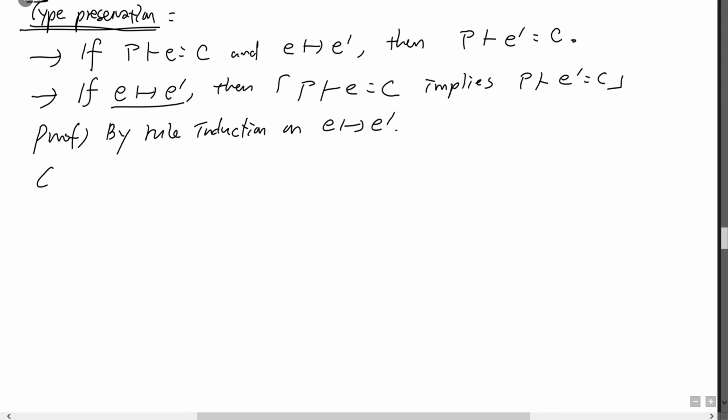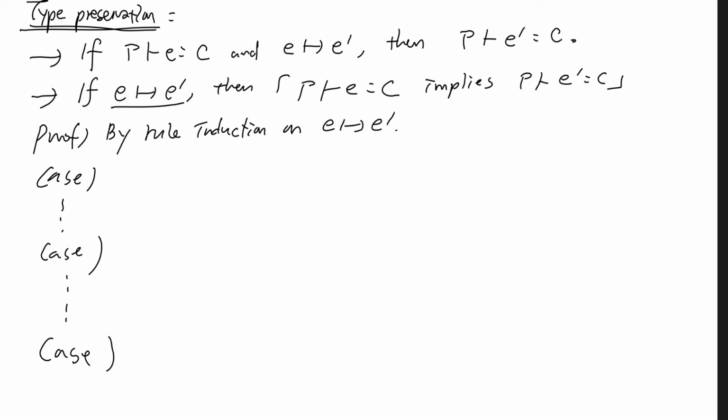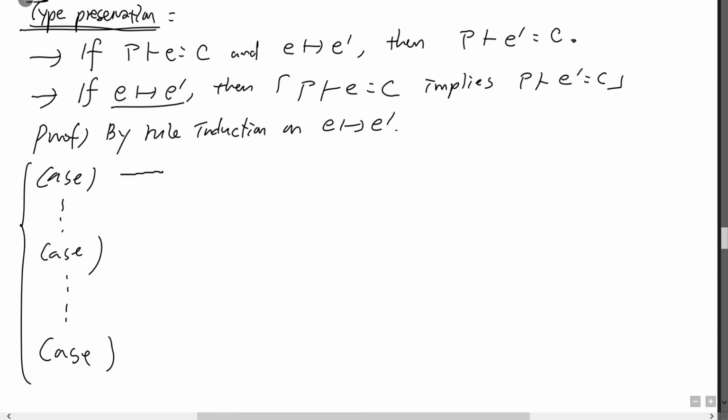Now we have to go over each case. Perhaps there are many cases, and the question is, which case do we want to consider first? We have quite a few cases, from the simplest case to the most challenging case. And it turns out that, although it sounds counterintuitive, you want to consider the most challenging case first, although your instinct perhaps says that you want to consider the easiest case first.